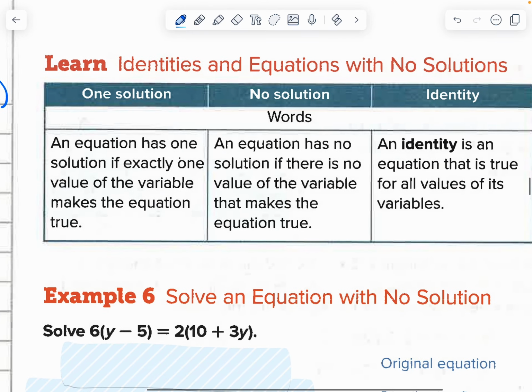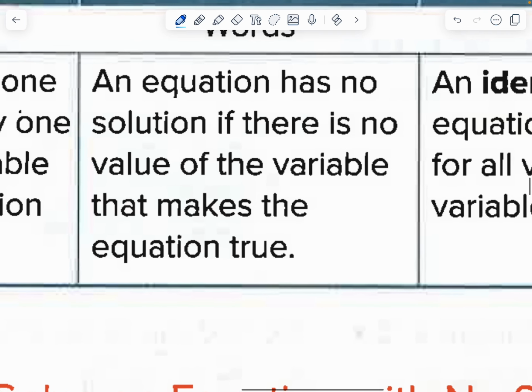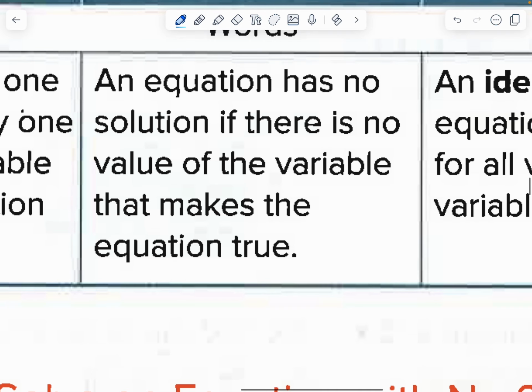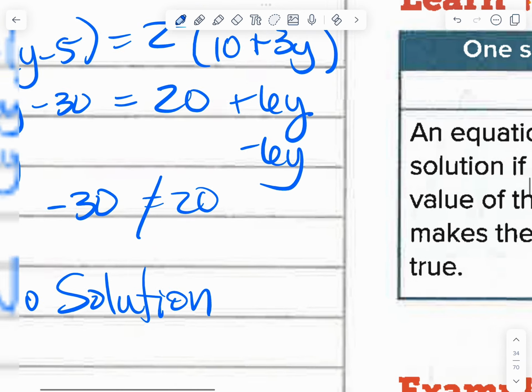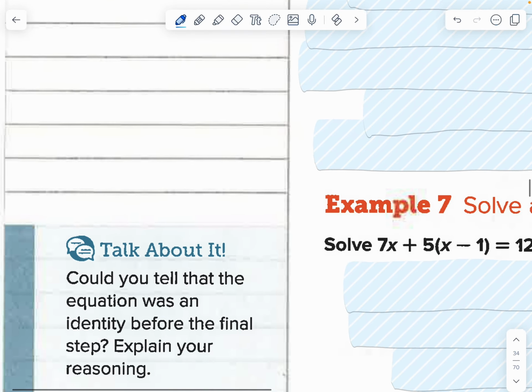Well, let's look at it. An equation has no solution if there is no value of the variable that makes the equation true. So no matter what I plug in for this y, they have to be the same numbers because they're both y. It'll never make the equation true. So there's no solution on this.